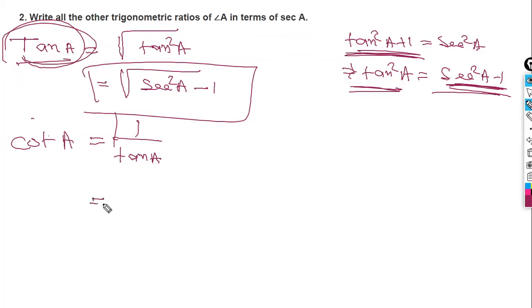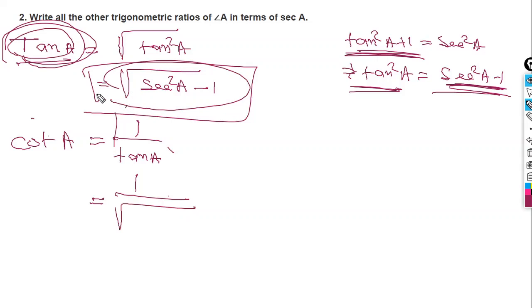So equal to 1 by root over of sec square a minus 1. So this will be your answer: cot a equals 1 by root over of sec square a minus 1.